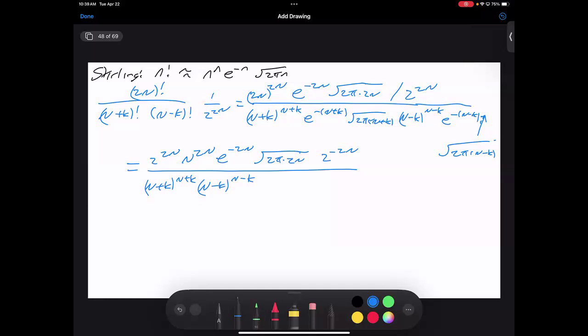I've got an e to the negative n plus k and an e to the negative n minus k. So the k terms cancel, and we'll get an e to the negative 2n. We'll get a square root of 2 pi times 2 pi times n minus k times n plus k.